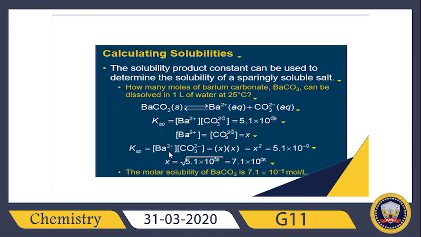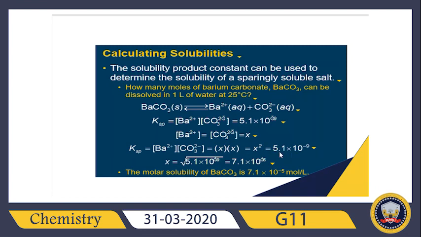Concentration of barium ion multiplied by concentration of carbonate ion. Both of them are unknown, so we will represent these ions by X. So Ksp will be equal to X squared, which is equal to 5.1 times 10 to negative 9.